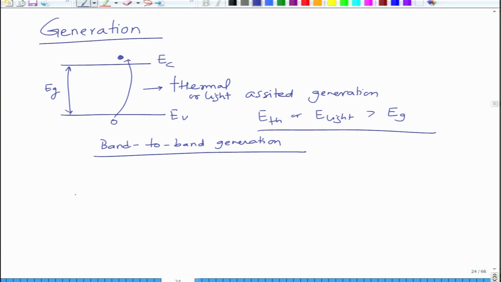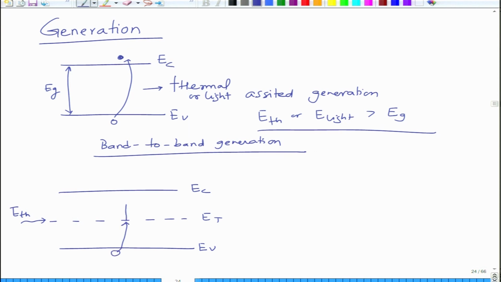The second generation mechanism is because of defects. So you have EC, you have EV, you have a trap somewhere here. So you provide some thermal energy. This thermal energy leads to creation of carriers in this fashion, so that an electron from here first goes to this stage, then it goes to this stage.